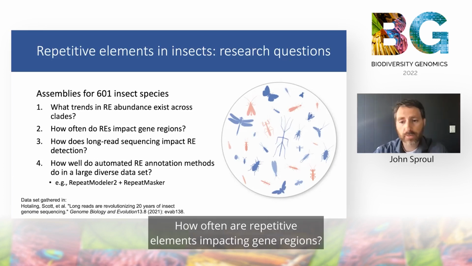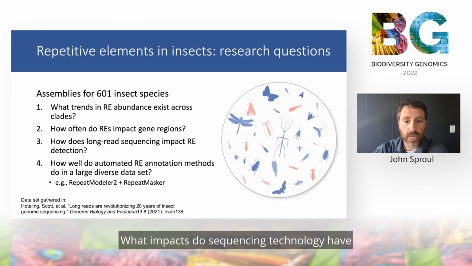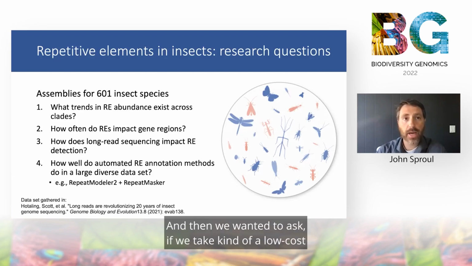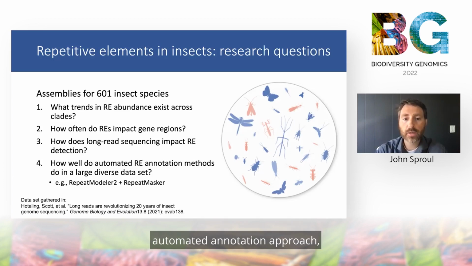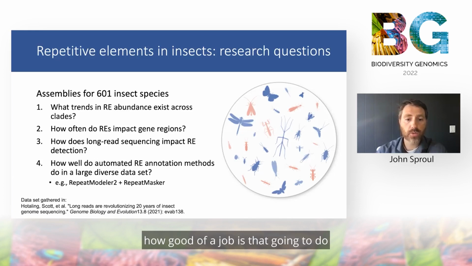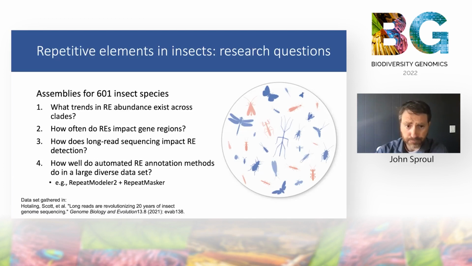How often are repetitive elements impacting gene regions? What impacts do sequencing technology have on our ability to detect REs? And then we wanted to ask, if we take a low-cost automated annotation approach, how good of a job is that going to do in a large taxonomically diverse data set?